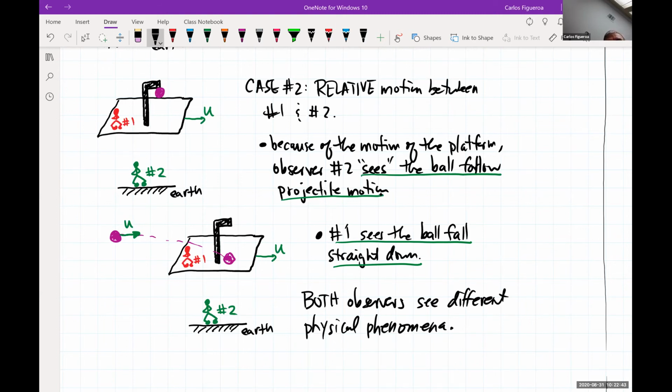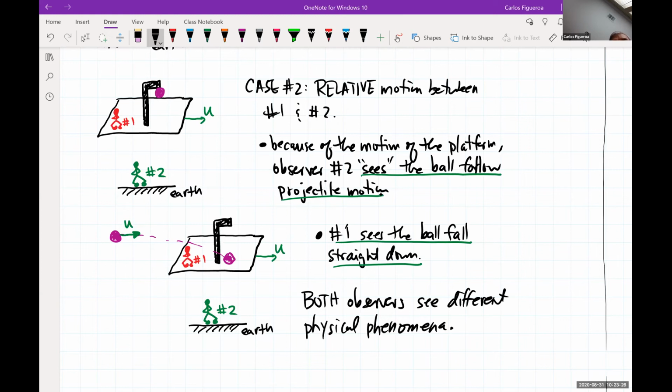So what Galilean relativity says is that because observer number 1 is an inertial frame of reference, and observer number 2 is an inertial frame of reference, Newton's laws apply exactly the same in each of these cases. And observer number 1 cannot tell that he's at rest or moving at constant velocity. He sees the exact same phenomena being at rest or moving at constant velocity. Only observer 2 sees a difference because of the relative motion.